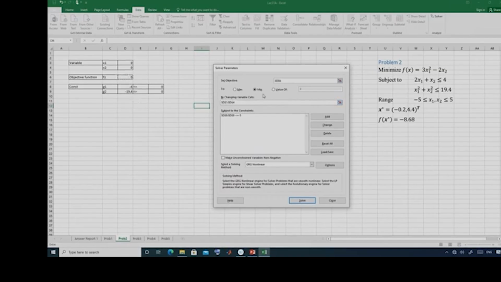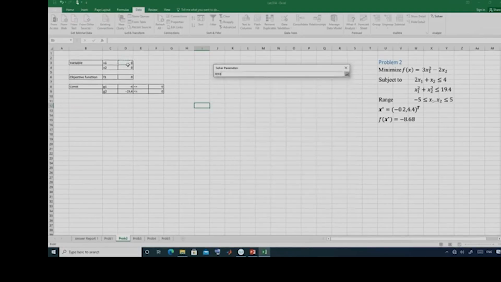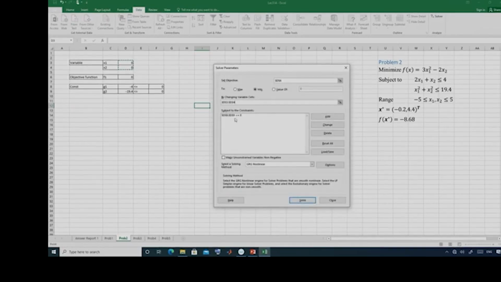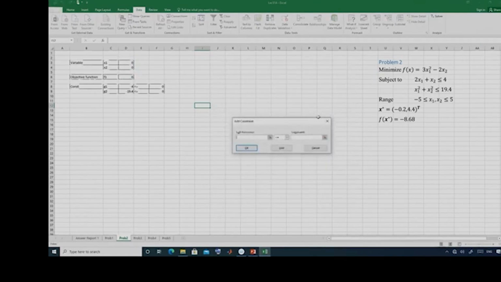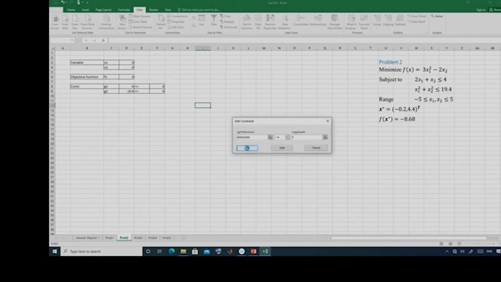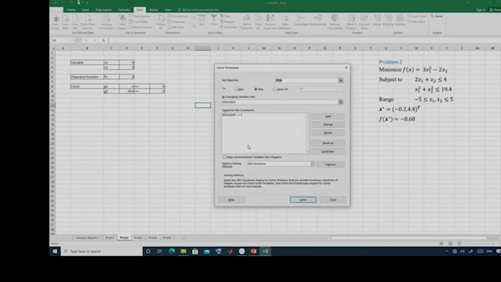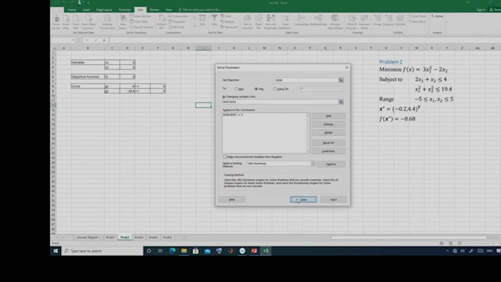This is the minimization type, and here these are the variable cells, and this is the constraint. The constraint should be less than or equal to 0. So I have defined it. Now, let us solve this problem. If everything is defined correctly, you should get the solution. So, let's solve it.